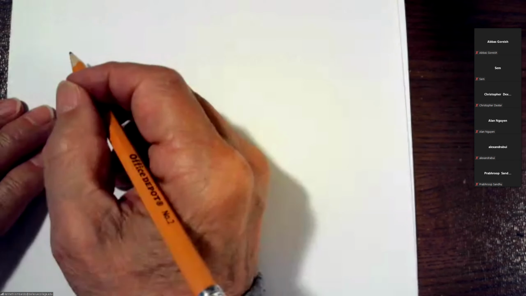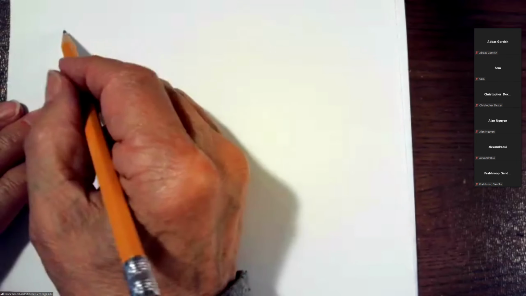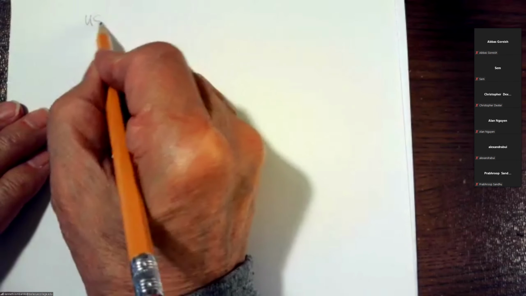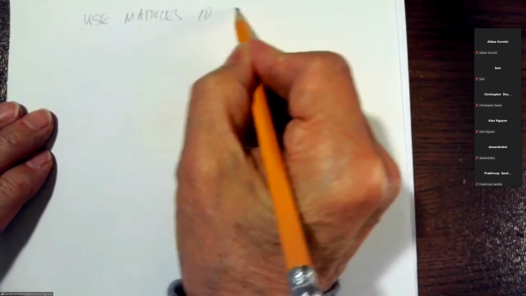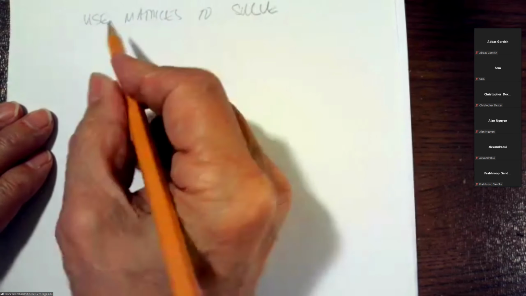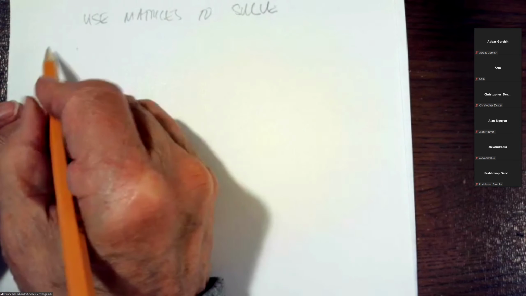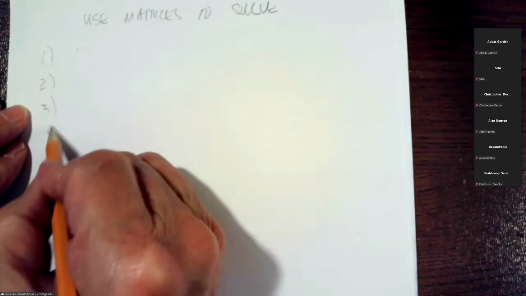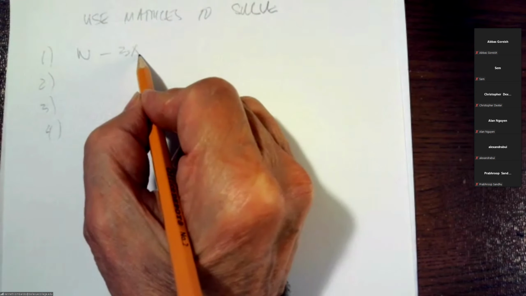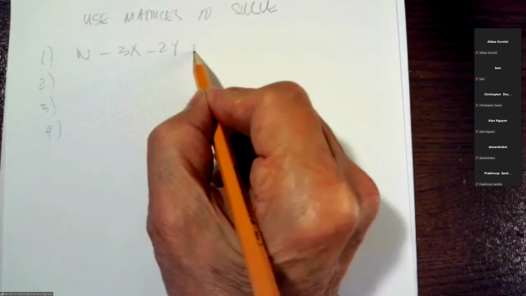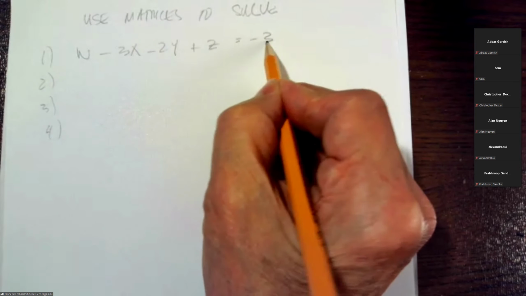So let's then take one that might take a little more imagination. And I'm going to give you the problem, then we'll take a break and you can work on the problem. So if I say use matrices to solve, and I say we have 4 equations. We have w minus 3x minus 2y plus z equals -3.